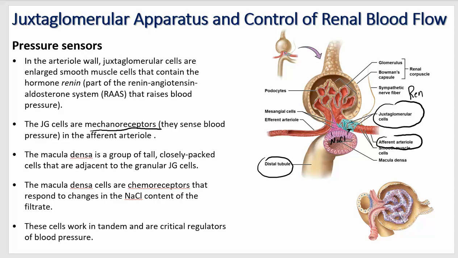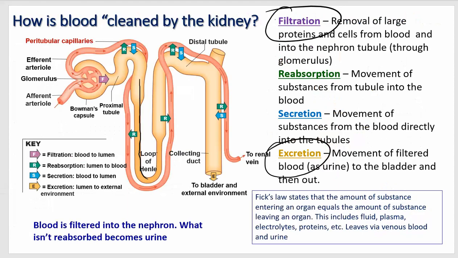This is the distal tubule, just one step away from turning into urine. If you have a high salt concentration, then your kidneys might want to slow things down. So there's going to be some vasoconstriction, especially in the afferent arteriole, which will slow blood flow, which will slow filtration.